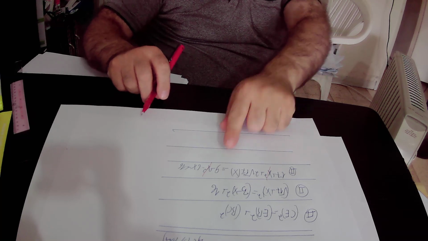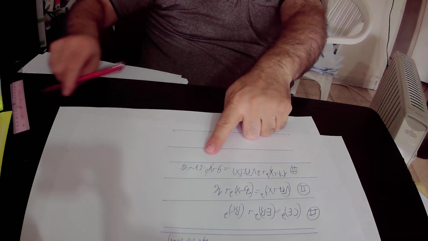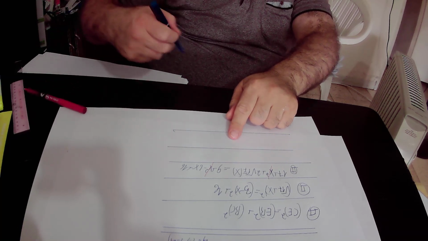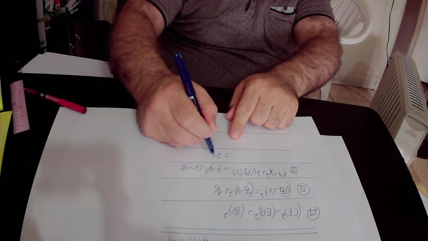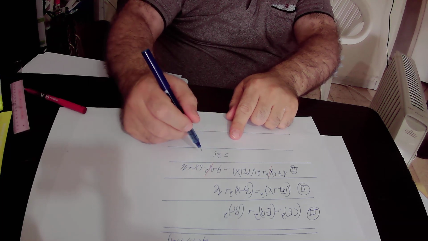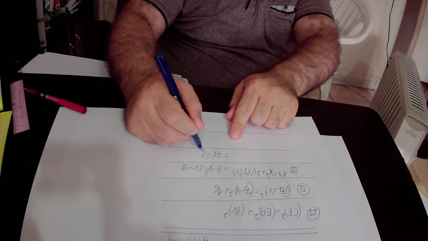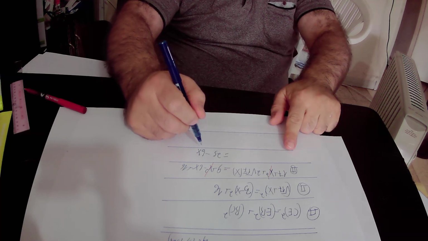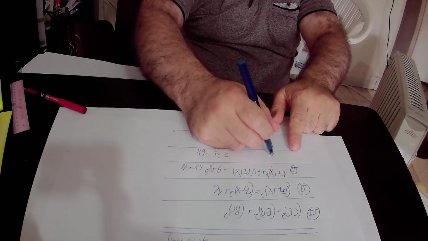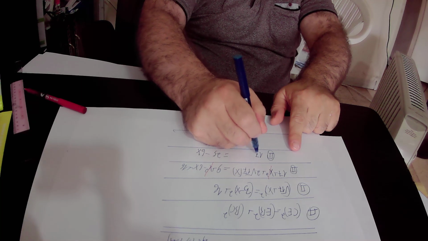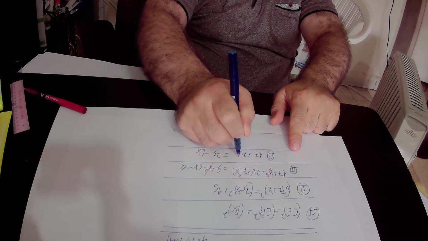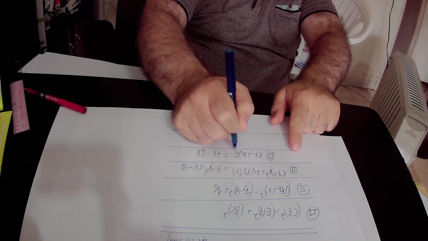And we also know that 9 plus 16 is 25, so we write here that 25 minus 6x equals 17 plus 2 times square root of 17x.